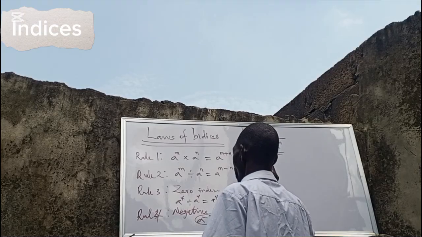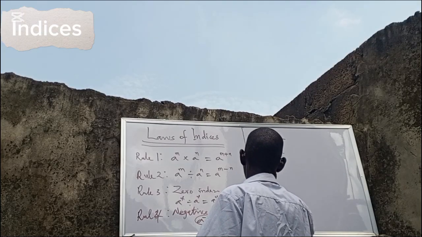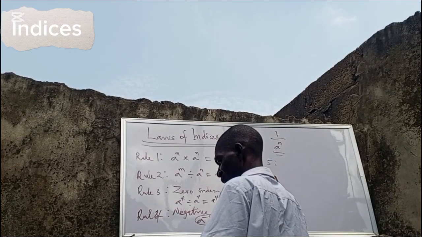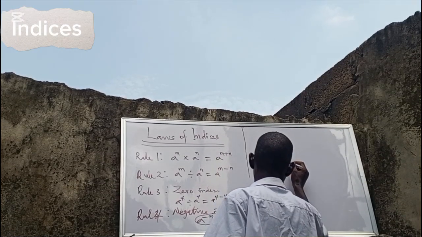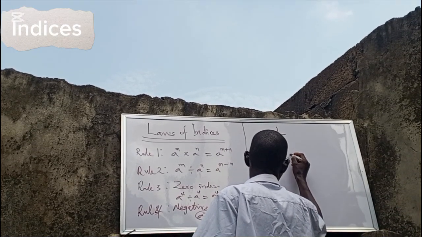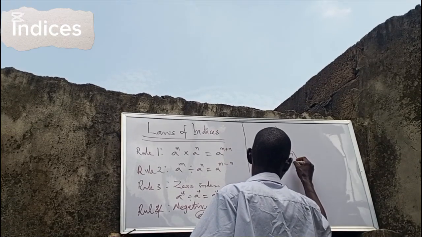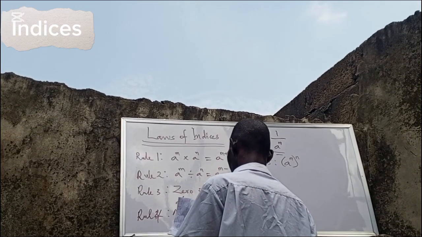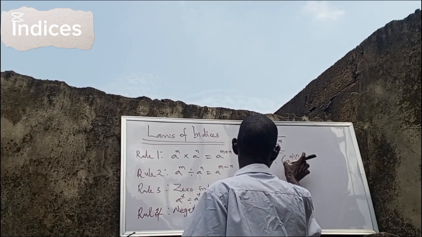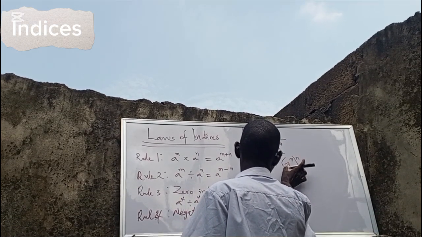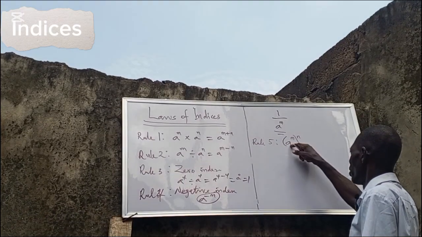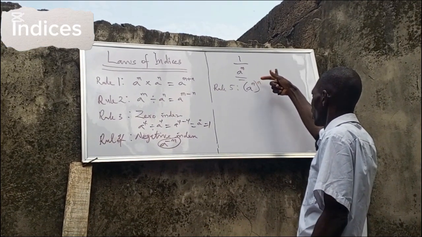So rule 5. Rule 5 is (A^m)^n. What this implies is that this is a power, that is, A raised to power m.